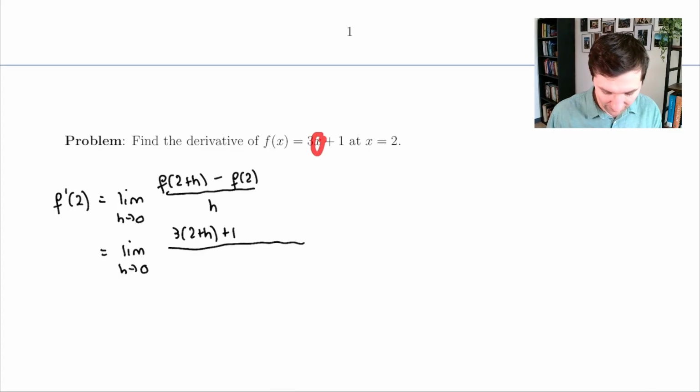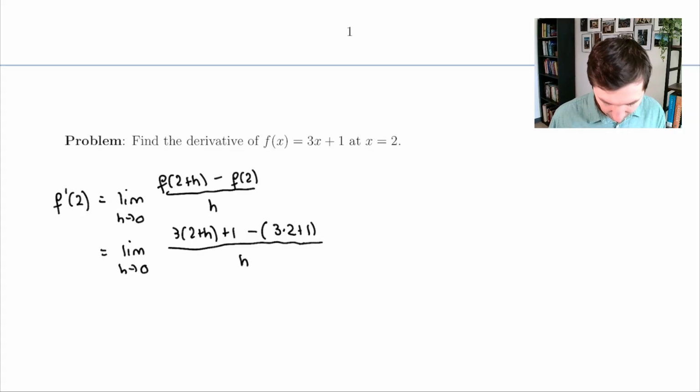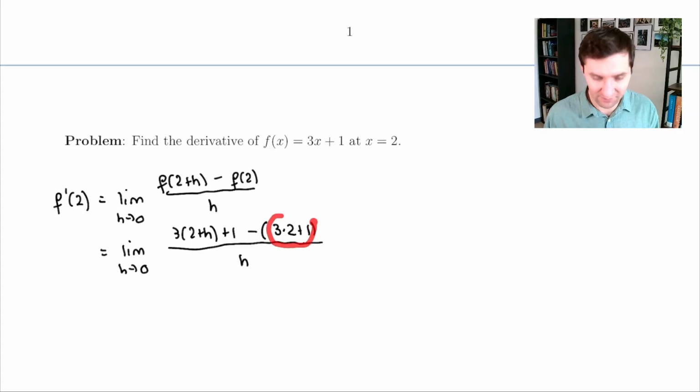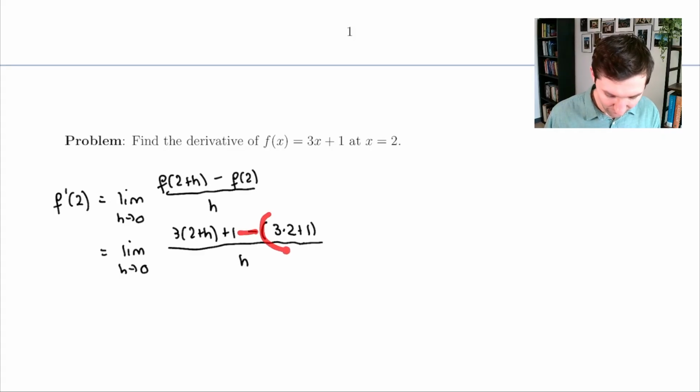I simply replaced x with 2 plus h. When I plug in 2, I will get 3 times 2 plus 1. Note that I put the entire expression in parentheses because I want to subtract the entire f of 2. So I'm subtracting everything I get when I plug in 2 to the formula.